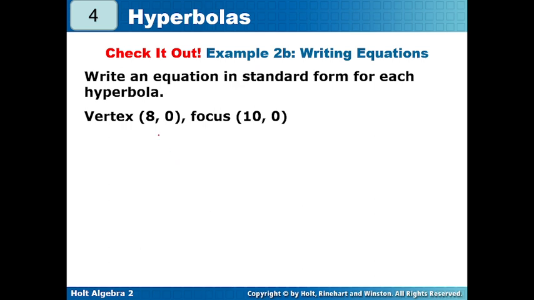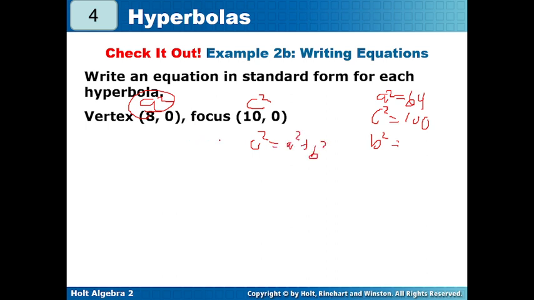So this is the other one. We're going to write the equation in standard form for each hyperbola. Same goes. This is your a, this is your c. You're going to square both a and c. So a squared is equal to 64. C squared is equal to 100. Let's find the value of b squared. C squared is equal to a squared plus b squared.